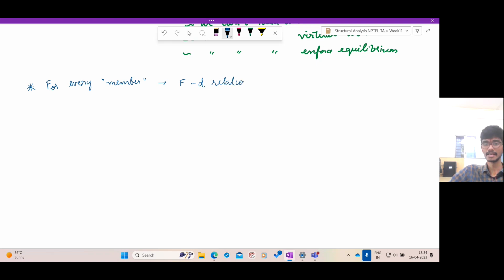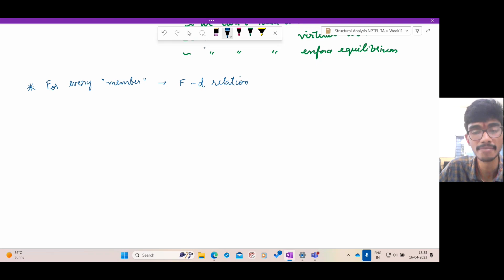That is quite simple in the case of trusses. In the case of beams also, it is quite simple. Only thing is it will be in the matrix form. In trusses you get a 2x2 matrix, in beams you get a 4x4 matrix, and in frames you get a 6x6 matrix.